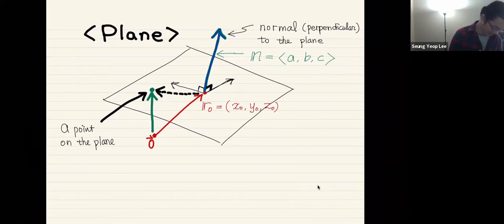So this green vector, let's call it R, because that's what we are looking for. This R is equal to the red vector plus this black vector.